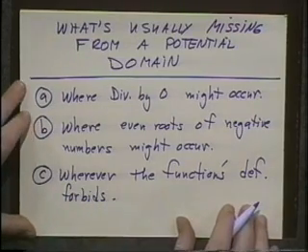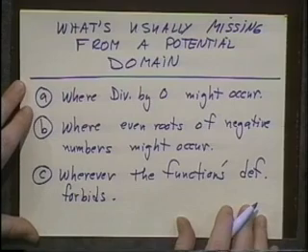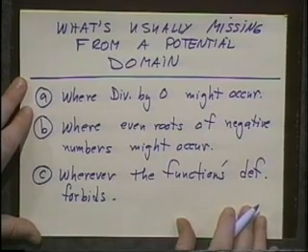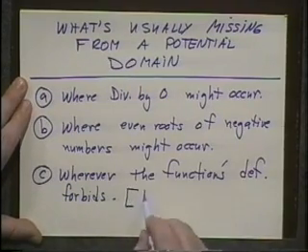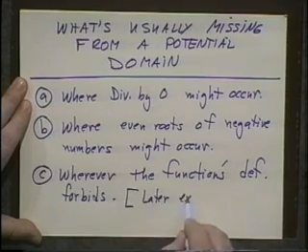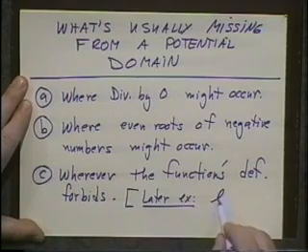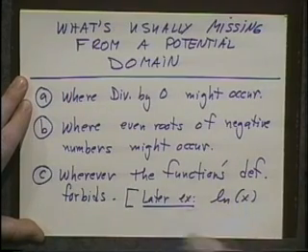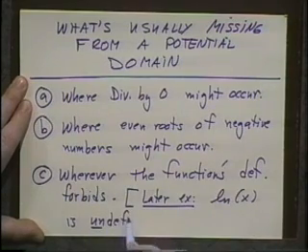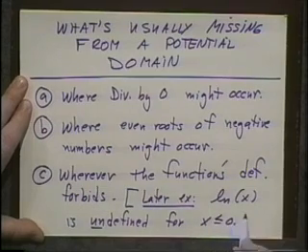Now there are functions that actually forbid certain numbers because of the way these functions are defined. For example, a later example, which we'll talk about in the course, is the function natural log of x. And natural log of x is undefined by definition for x less than or equal to 0.